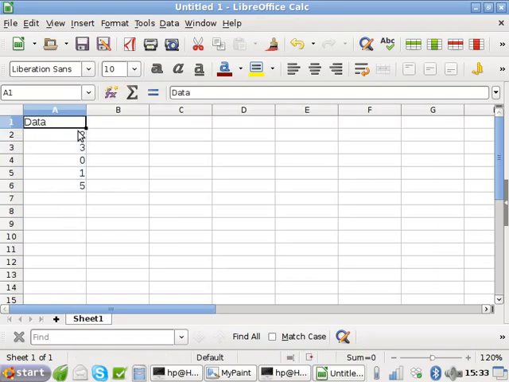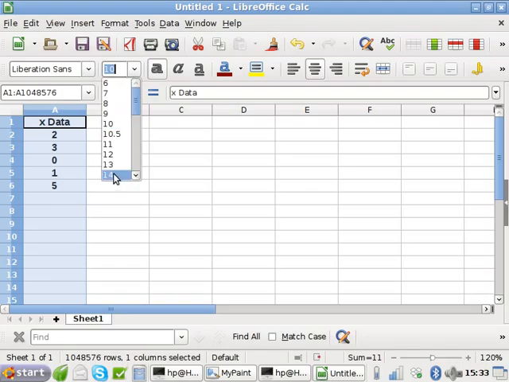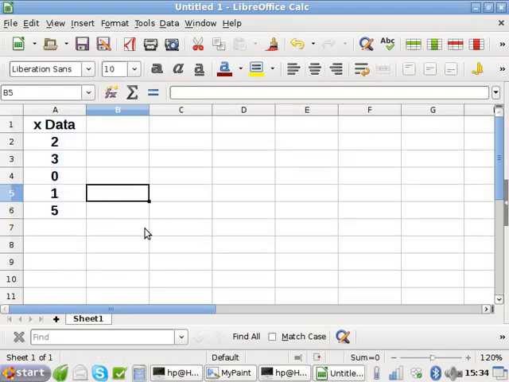So this is our X data. Okay, so you can use the first or the second formula, I don't mind. I want you to try and calculate the standard deviation for this X data.